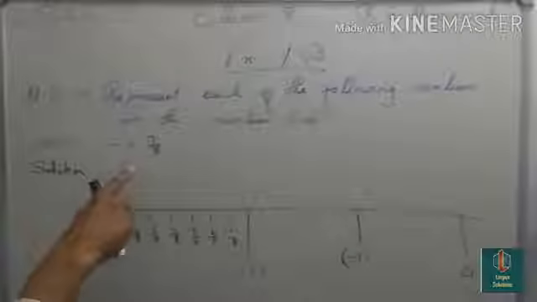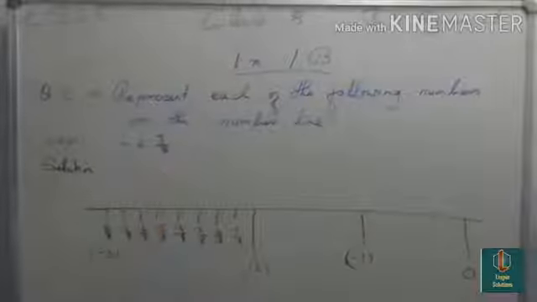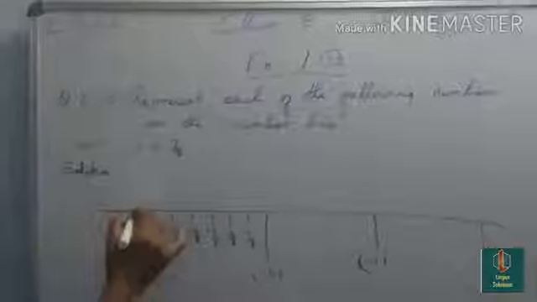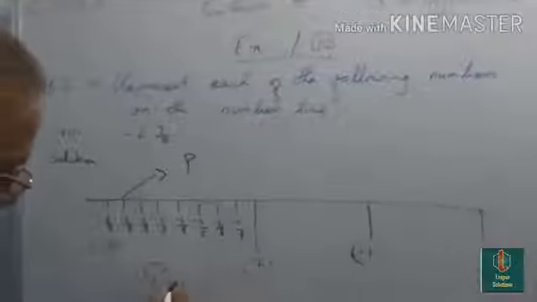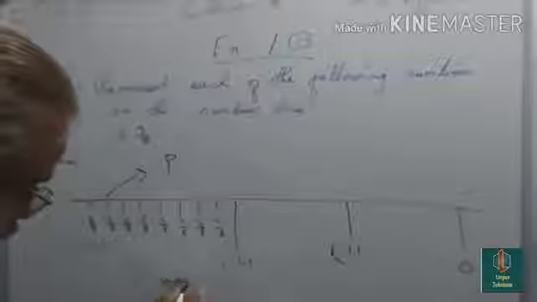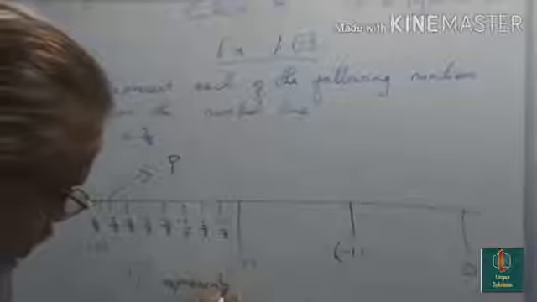The next number is -2, 7 by 8. -1, -2 and then 7 by 8. It is here, mark it as P. So P represents the number.